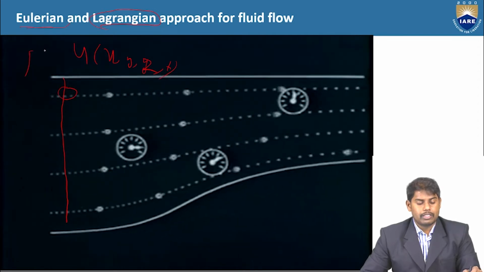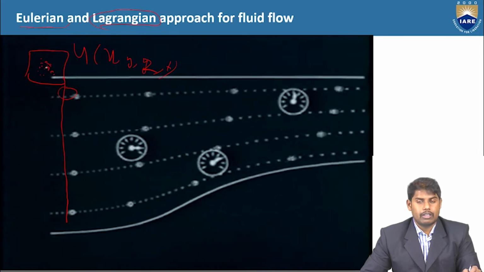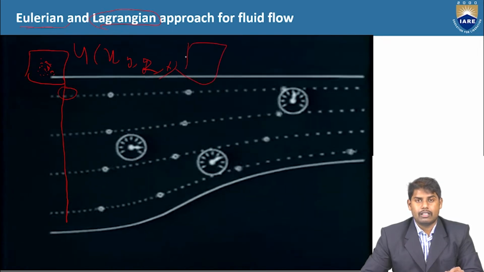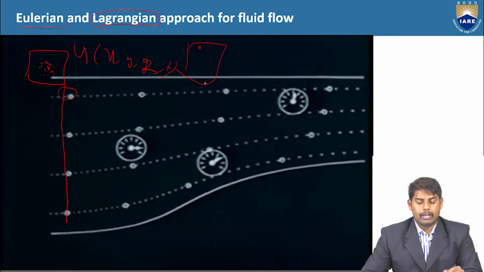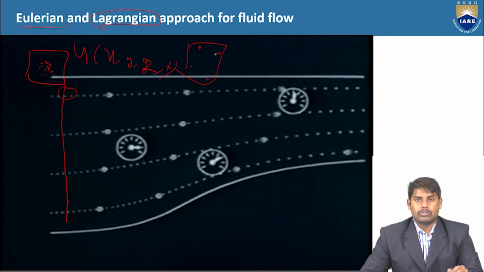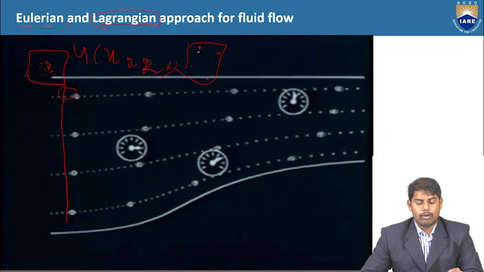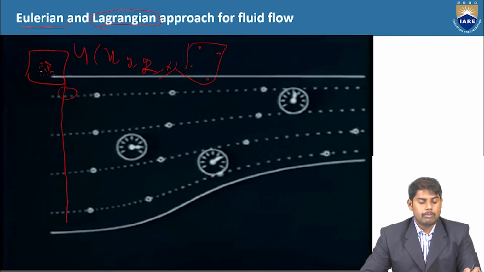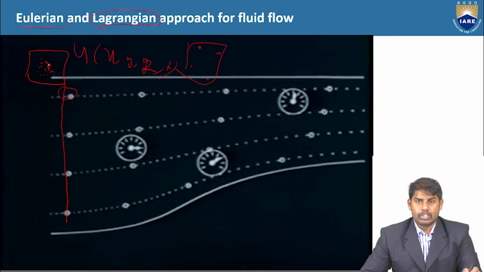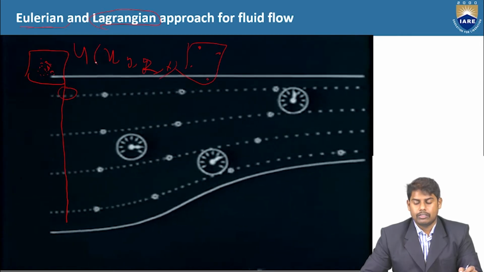If you take a sample space, you have a large number of fluid particles present in it. But in the Lagrangian approach, if you take a sample space, you have one fluid particle here, another fluid particle here, another one there. They are very far away. So in that kind of problem, we will use the Lagrangian approach. But in this problem, we'll be using the Eulerian approach, where you have a continuous distribution of fluid particles.